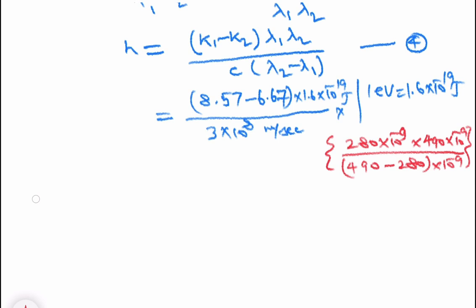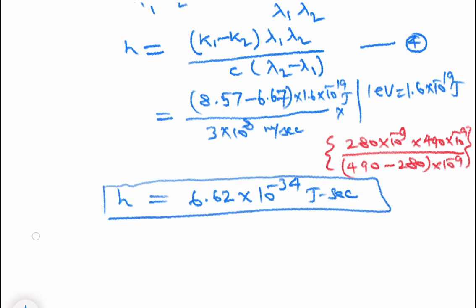So this gives h is equal to 6.62 into 10 to the power minus 34 joule second, which is very close to the exact value.